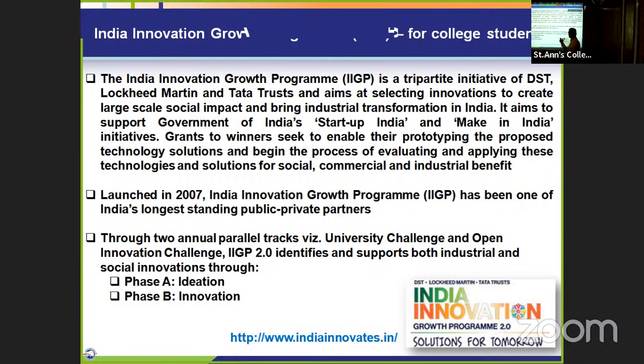If you have a very innovative idea and you feel that this idea can bring industrial transformation or give some solution, you can come up with the idea. This is a tripartite joint venture including the Government of India's Department of Science and Technology, Lockheed Martin and Tata. These three big players have made this joint venture to support students who are interested in science.